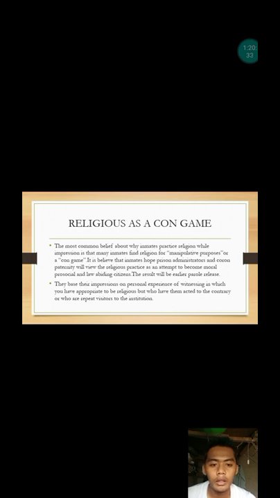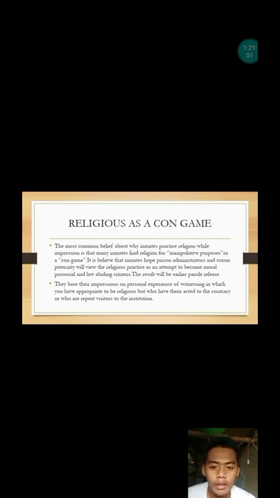The purpose of this religious practice is to be released earlier. If you attend the religious meetings or something, you will be released earlier on parole.